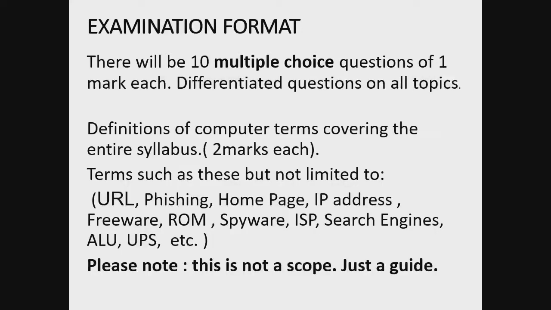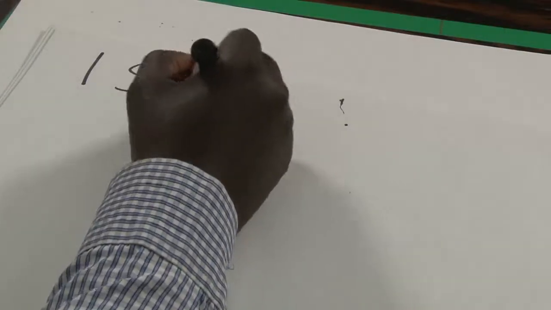No. I want to say something here about answering this area of the question. Can you look at that ISP? Now, for example, a question says, explain ISP. This is an acronym. It's not a word on its own.